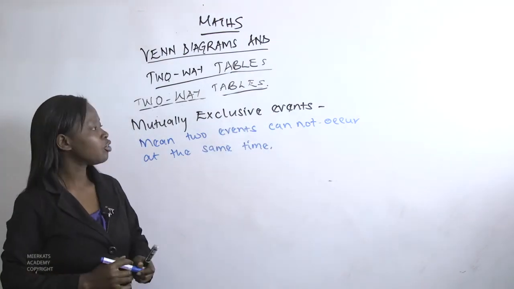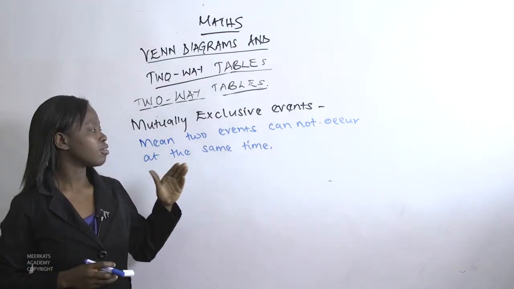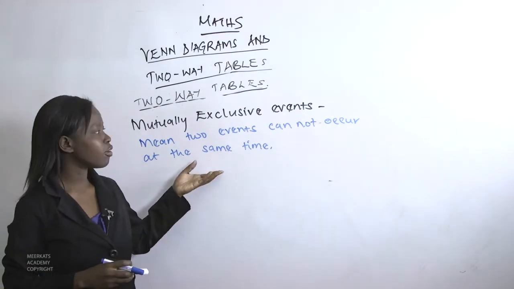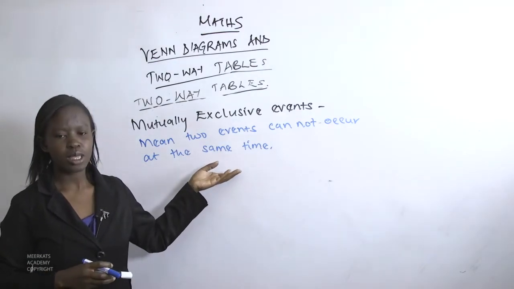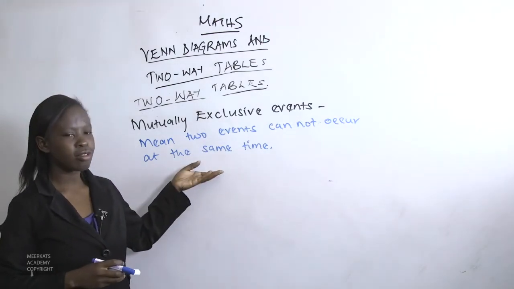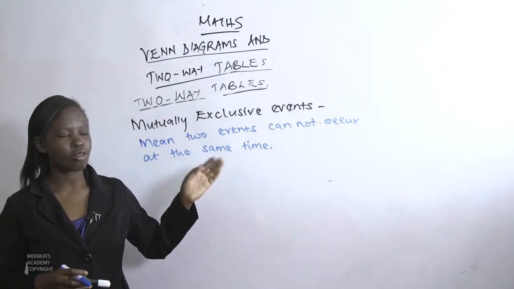When you have two events and they cannot occur at the same time, then the two events are referred to as mutually exclusive events, in that the occurrence of one event will definitely hinder the occurrence of the other event.